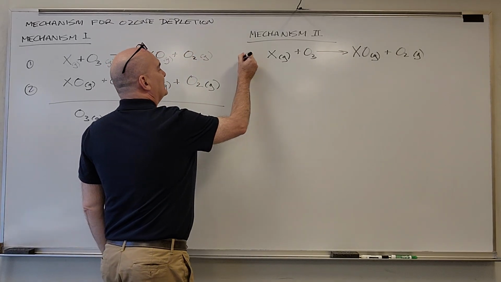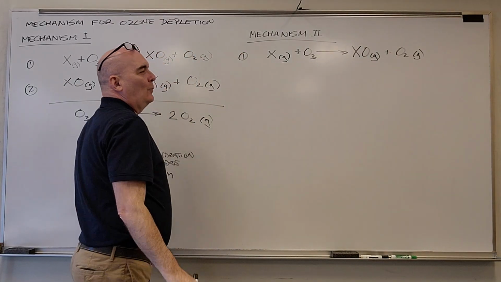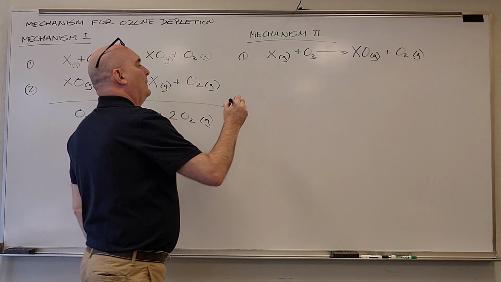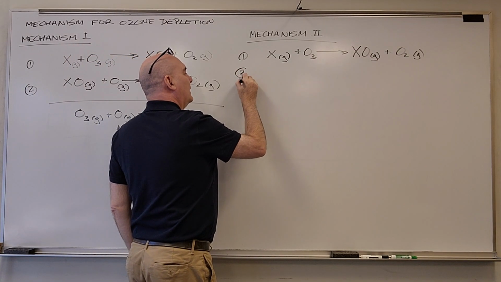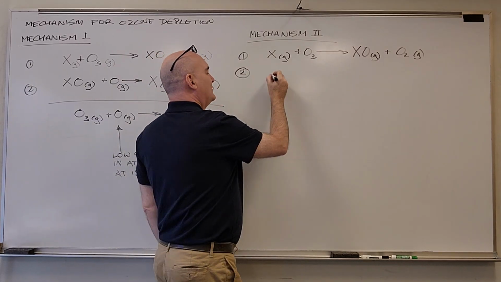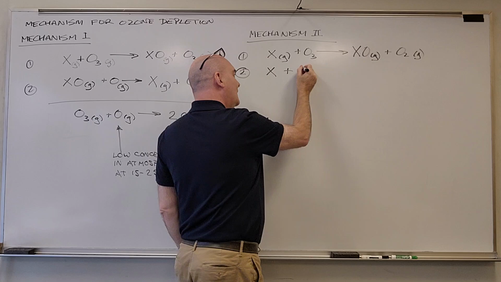Okay, this still gets to be line 1. Line 1 in this mechanism is the same as line 1 in the previous mechanism. But now, I get a second line 1 as line 2. I'm going to do it twice.